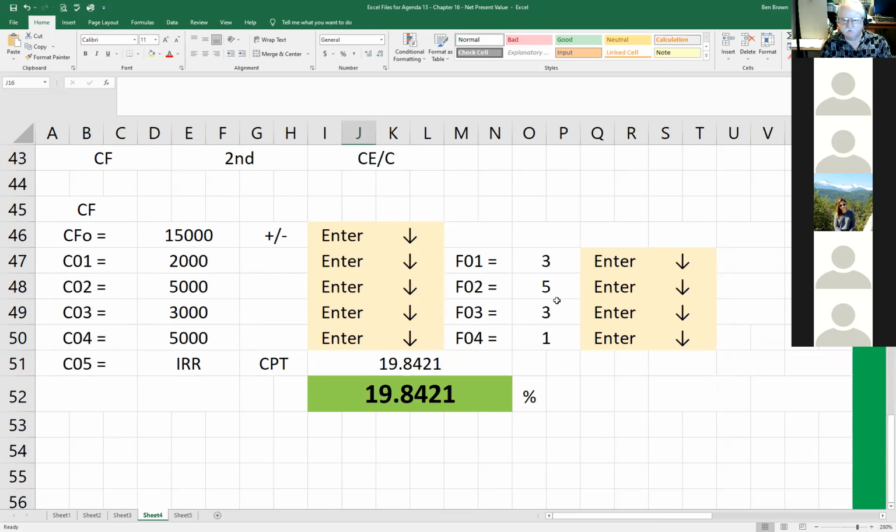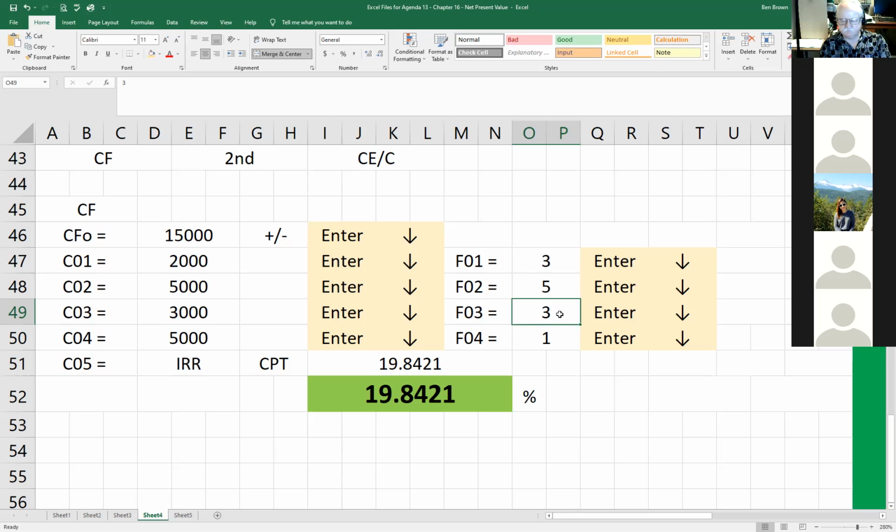Enter down. And although we get the 3,000 for 4 years, because of the last period being adjusted, this only happens 3 times. So 3, enter down. And the fourth cash flow is the 5,000, which is the residual value plus the 3,000. Enter down. And this happens once.